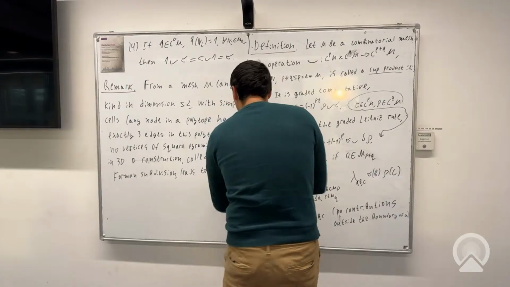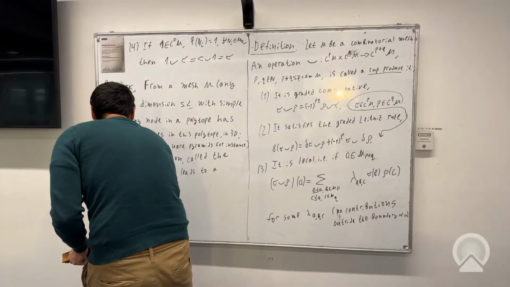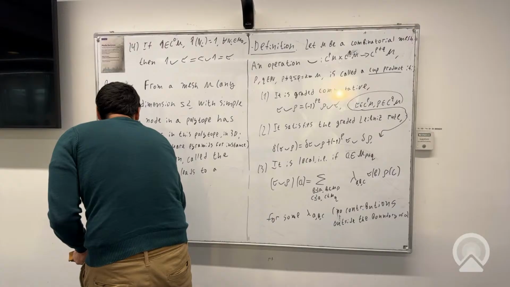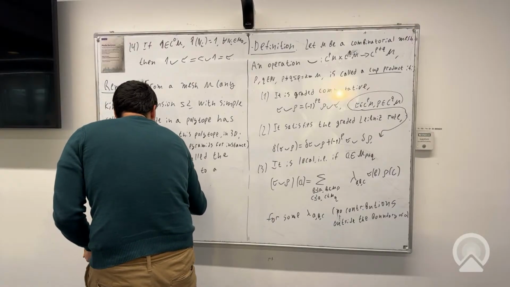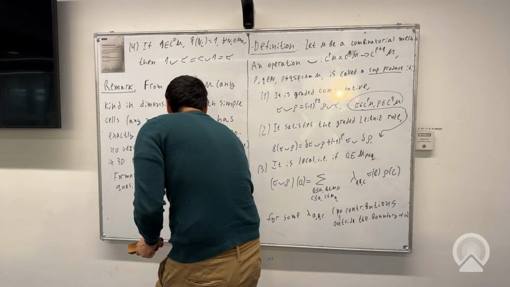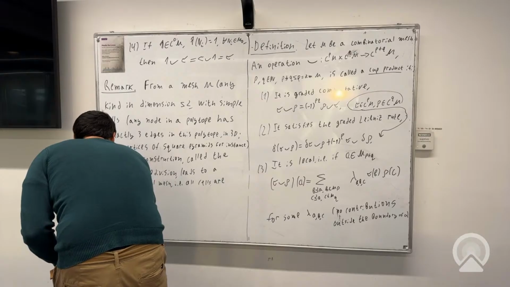So a quasi-cubical mesh, i.e. all cells are topologically cubes.